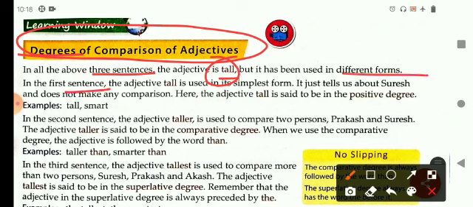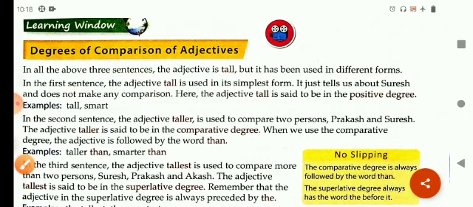In the first sentence, the adjective tall is used in its simplest form, just to tell you about Suresh, and it does not make any comparison. So here the adjective tall is said to be positive degree. For example, tall and smart. These are the adjectives. They are in positive degree.